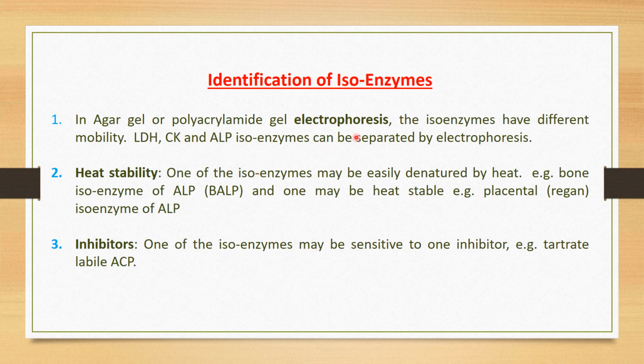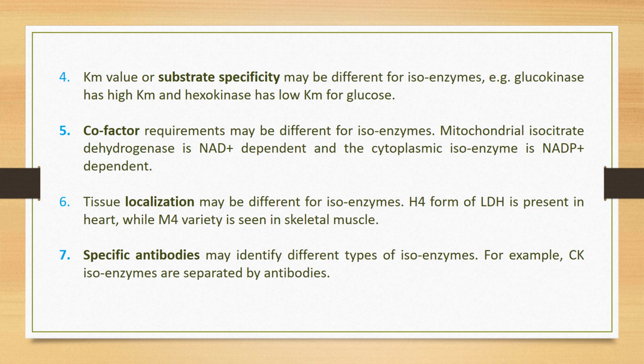Okay. So, electrophoresis, heat stability, inhibitor. Now, they also differ in their kinetic property. Suppose the Km value, that means substrate affinity or substrate specificity, may be different for different isoenzymes. We have already given the example of glucokinase and hexokinase. They may also differ in their cofactor requirement.